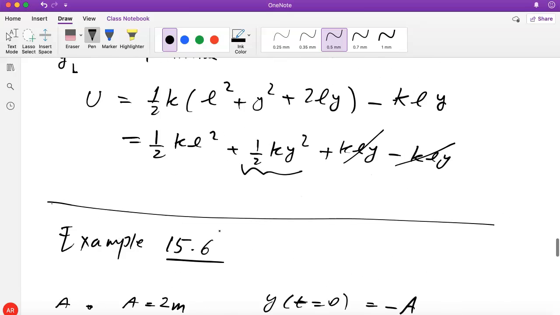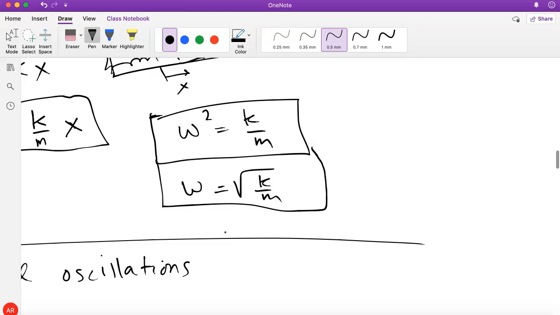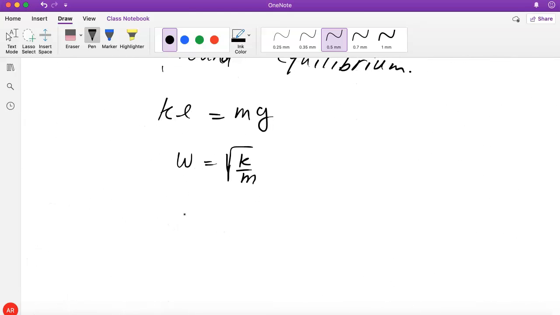And the period T is 2 pi over omega, so that's 2 pi square root of M over K. Okay, so we notice that the period doesn't depend on the amplitude.